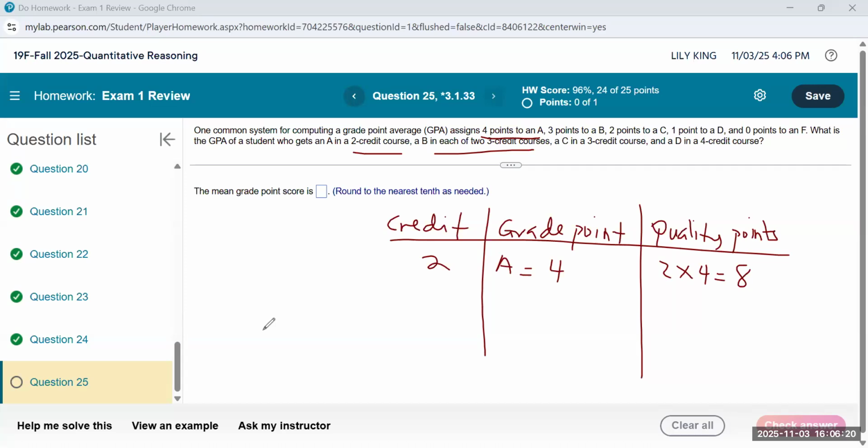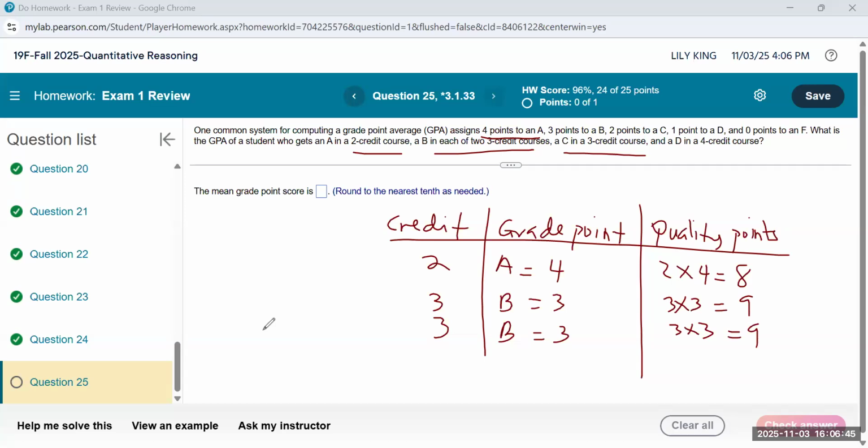And a B in each of two 3 credit courses. This student had a B, and B is 3 on the grading scale. And we have 3 times 3, 3 times 3.